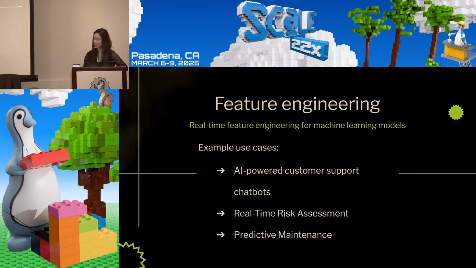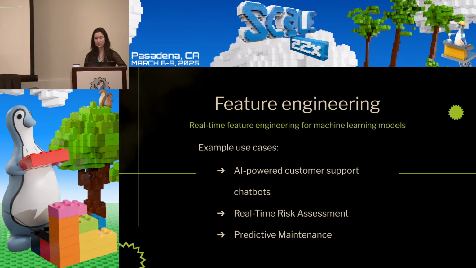And then the last example I have for today is going to be predictive maintenance. Sensors on industrial machines can continuously generate telemetry data, which can include vibration patterns, temperature fluctuations, and efficiency metrics.